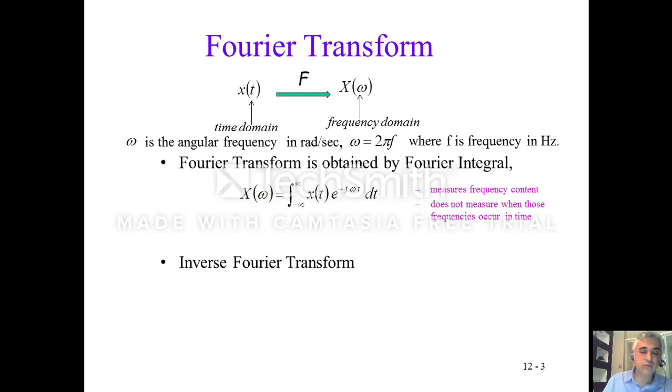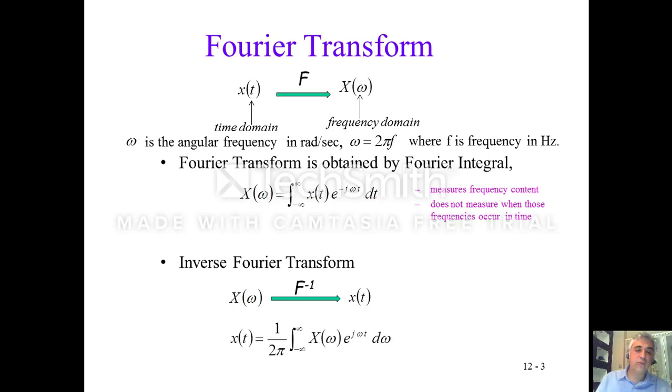Like every transform, we have the inverse Fourier transform. In the inverse Fourier transform, given the capital X of omega, that is the Fourier transform, we obtain the time domain signal x of t by the inverse transform, denoted by F to the power minus 1.